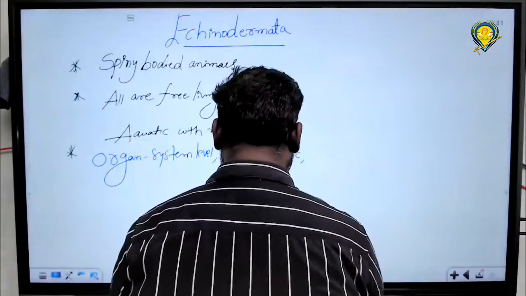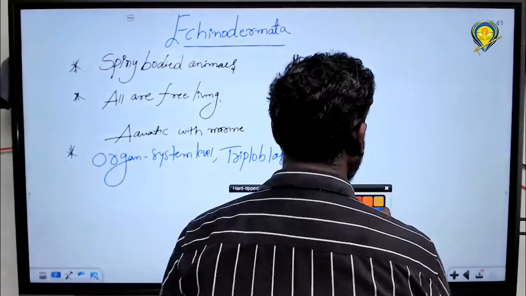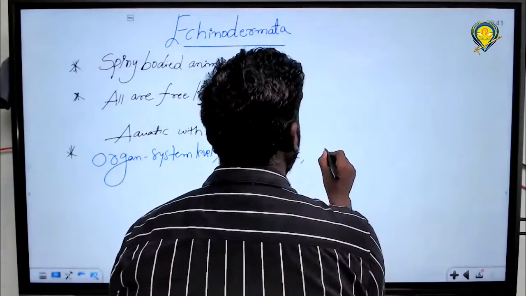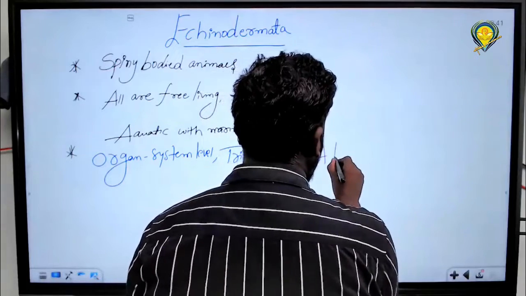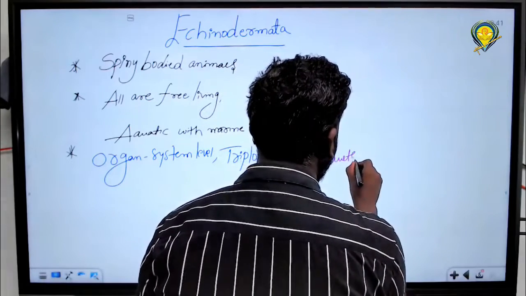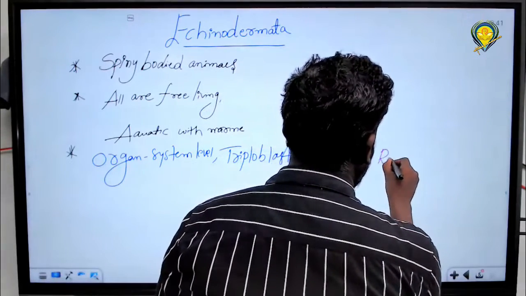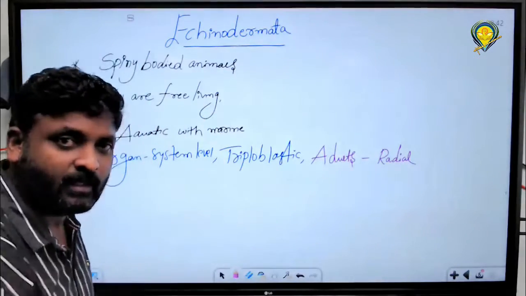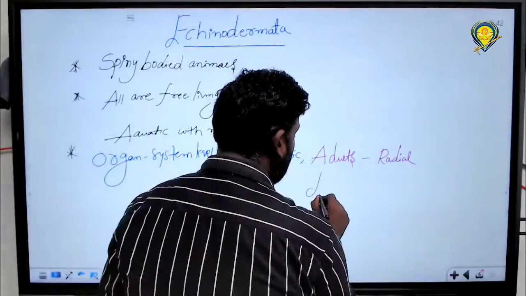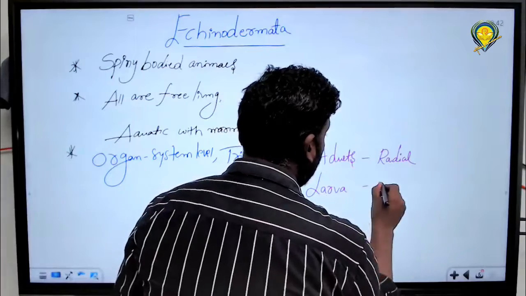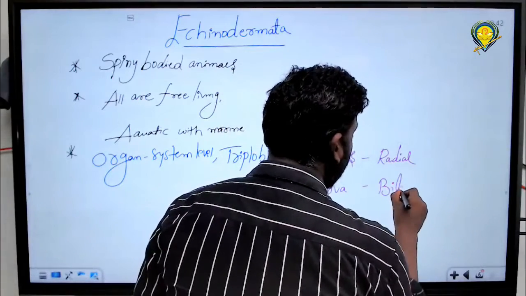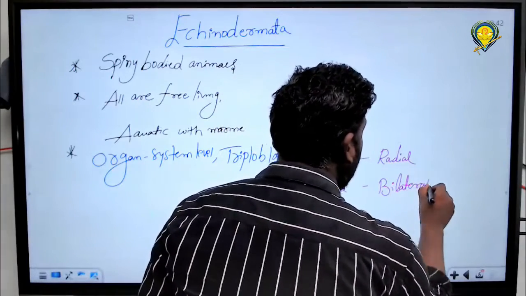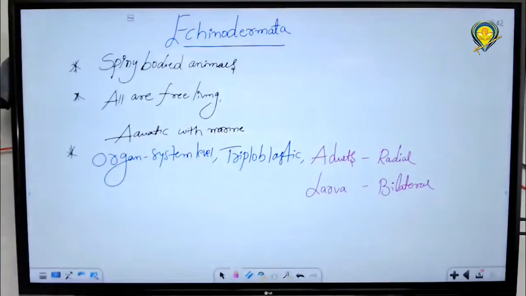It is very important to note, all of you: adults are radially symmetrical. Very good. Then what about the remaining? Larvae are bilaterally symmetrical animals. Very good, friends.